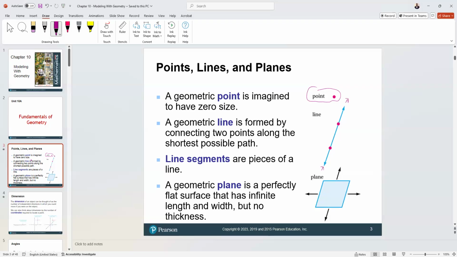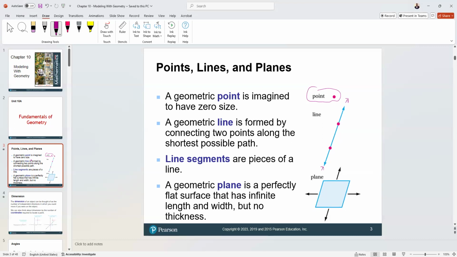But of course, at some point, we usually work with a line segment or a piece of line. A long taut wire is a good approximation to a line segment.